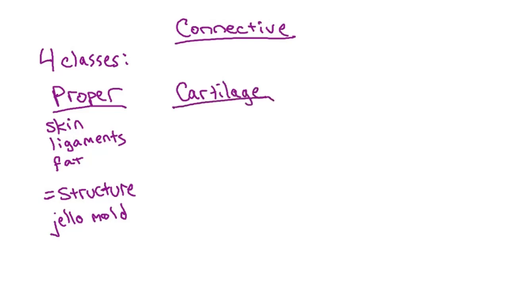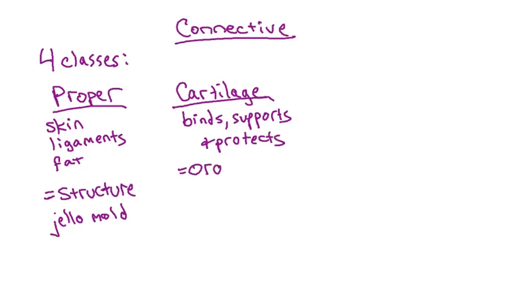Cartilage is kind of like bone, but it's not as hard as bone. And it binds, supports, and protects. What does it bind, support, and protect? It supports and protects the organs.